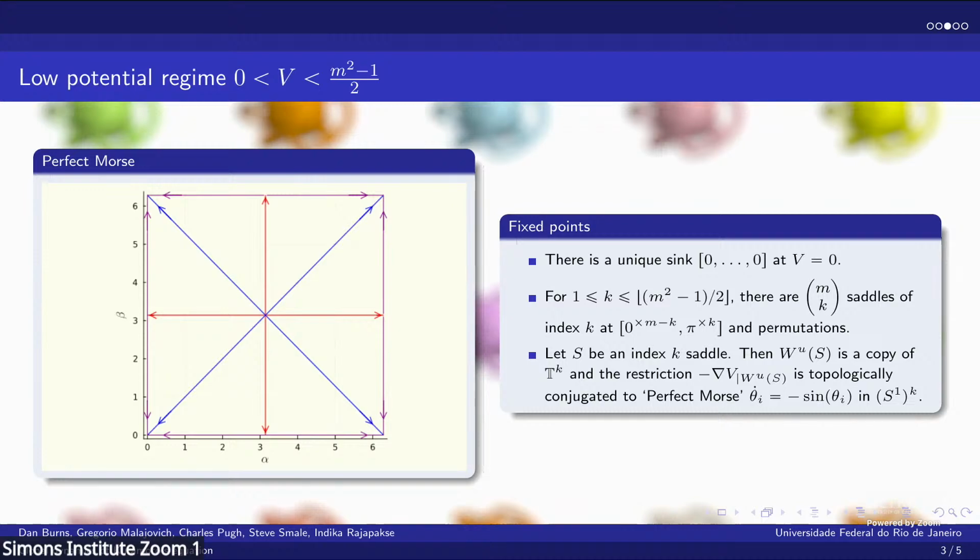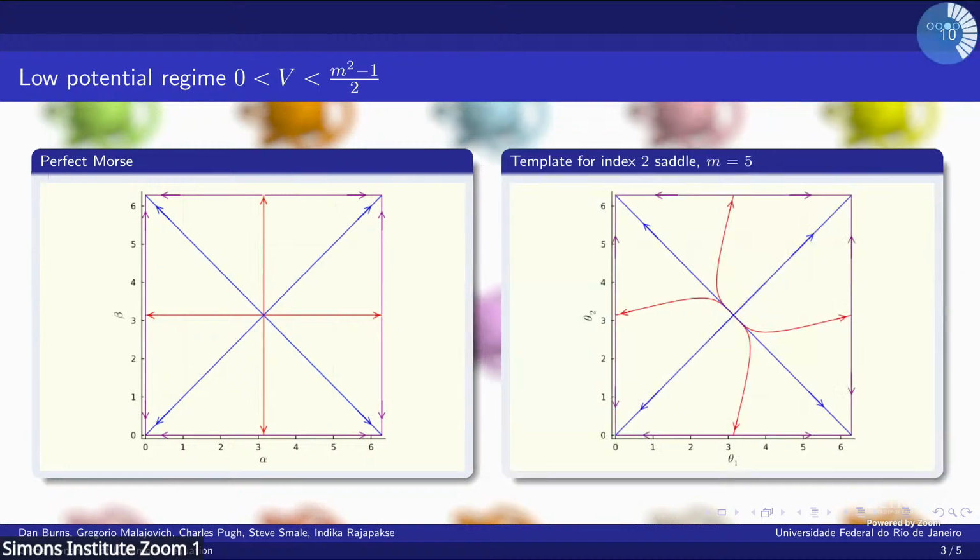This is flat. Now, this is what actually happens. This is a subspace of dimension 2, a template, when the dimension is 5. It looks different, but those 2 vector fields are topologically conjugate. So in some sense, the dynamics is qualitatively the same, although the picture looks a little different. Let's increase the dimension.